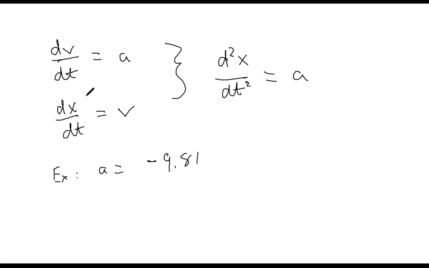So if we were to solve the second differential equation, we would solve for x as a function of t. So I can basically turn it around and say dx equals v initial minus 9.81 t.